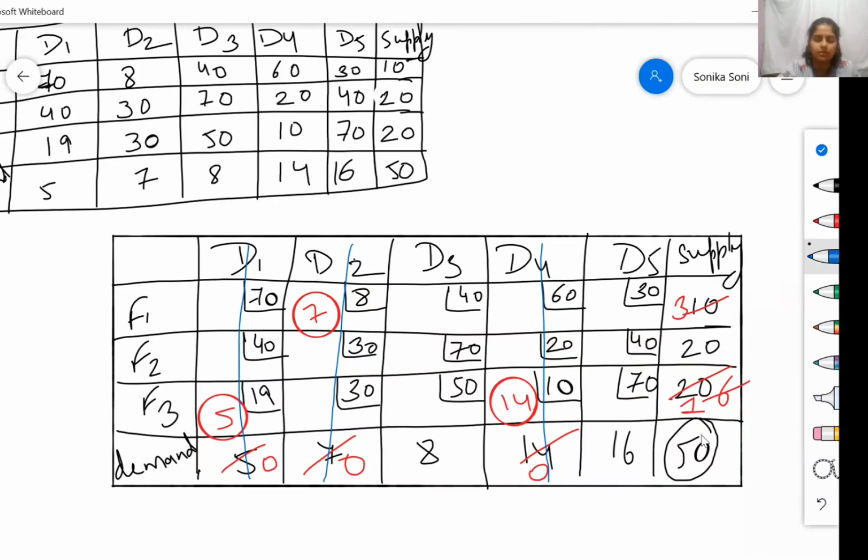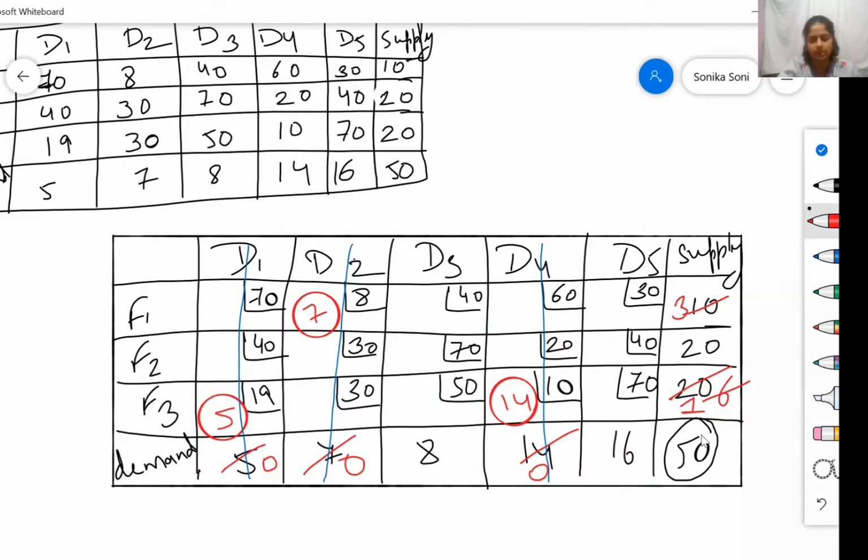So we are only remaining with 2 columns, that is D3 and D5 column. Now from here we have to see the lowest cost. We have to ignore the cancelled out columns. So in D3, D5 columns, the lowest cost we have is in F1 D5, which is 30. How much can we allocate there?